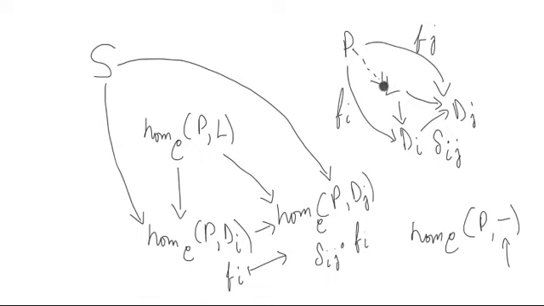But there's a unique morphism that does that. There exists one for any object P that has this going on. So that's kind of what makes L a limit.